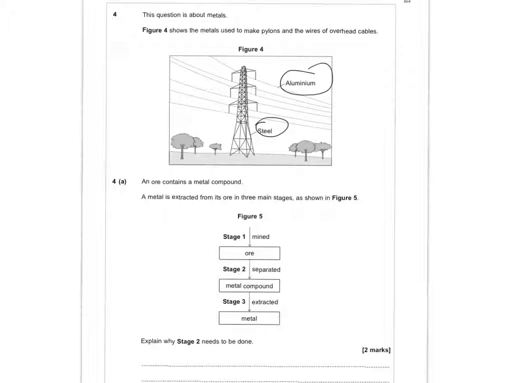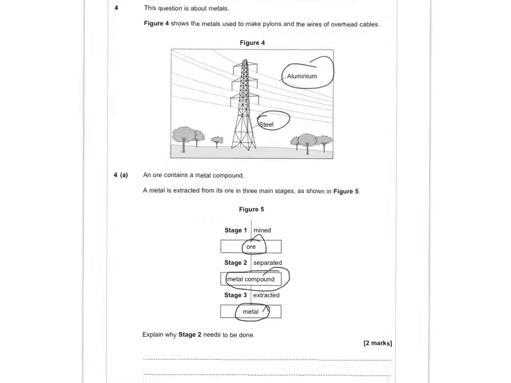Stage 1, mining to get the ore. The ore is separated to get the metal compound, and then the extraction process removes the metal, so we end up getting it on its own. The question says, explain why stage 2 needs to be done.